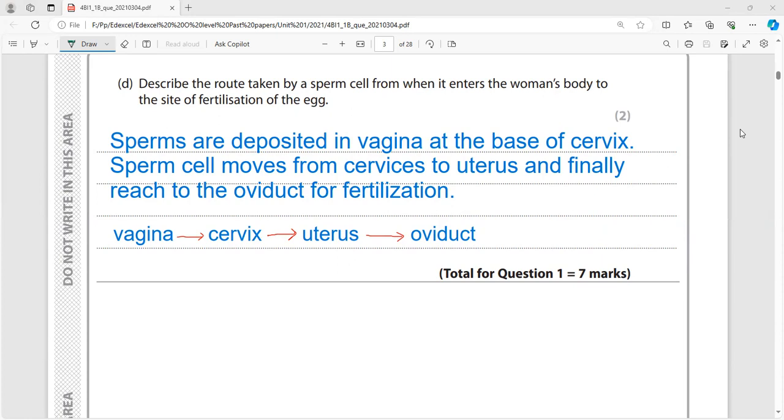Sperm move from the cervix to the uterus, and from the uterus to the oviduct. So the correct direction and correct terminology will secure for you the 2 marks. Finally they reach the oviduct for fertilization.